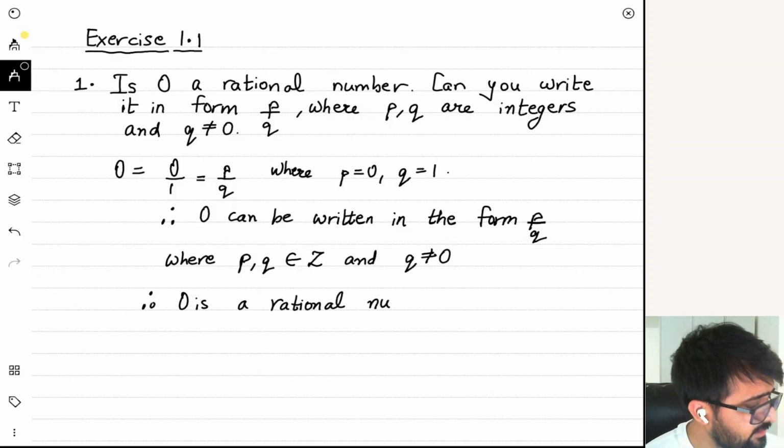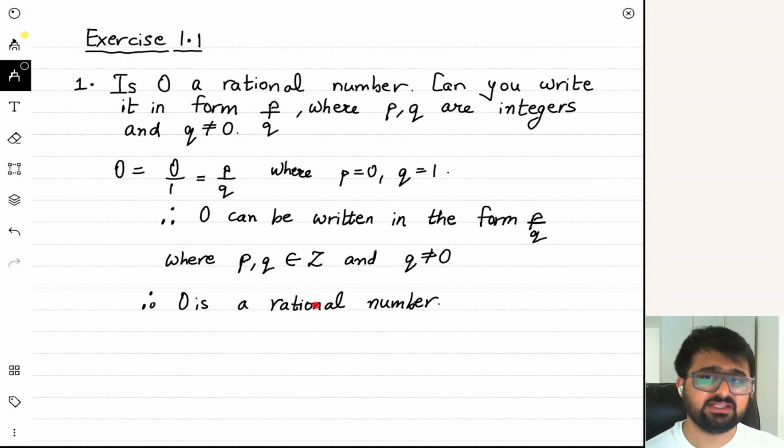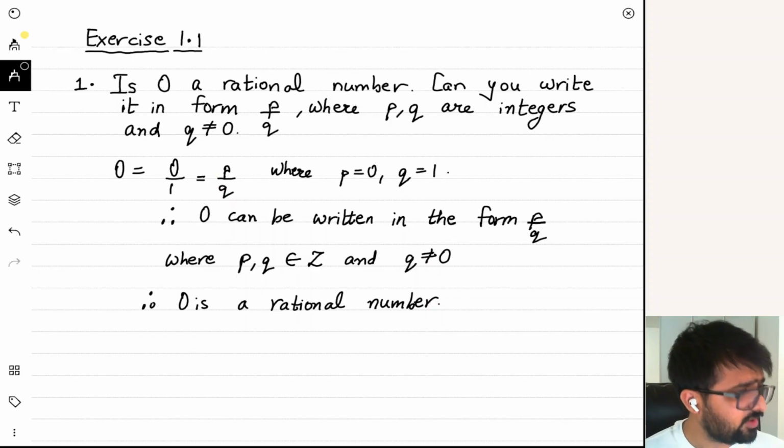Since 0 can be written in the form of P over Q, which is 0 over 1, where P and Q belong to integers and Q is not equal to 0, hence 0 is a rational number. That's the property of a rational number, that a rational number can be written in the form of P over Q. All right. Also remember that 0 is a whole number as well, and it's an integer as well.